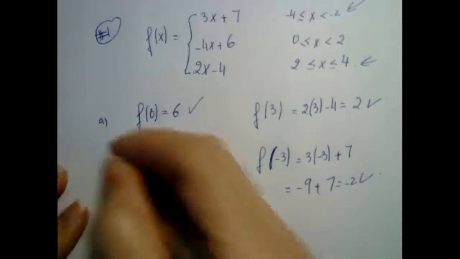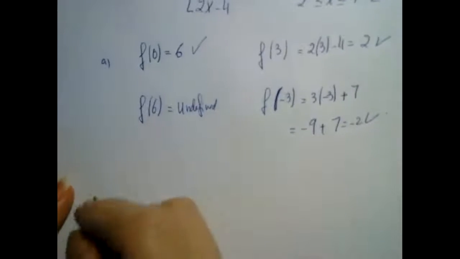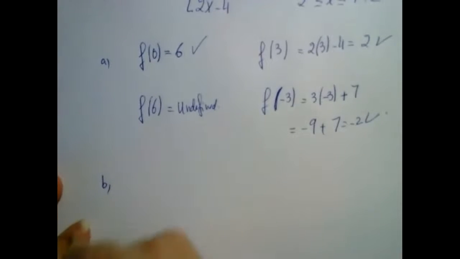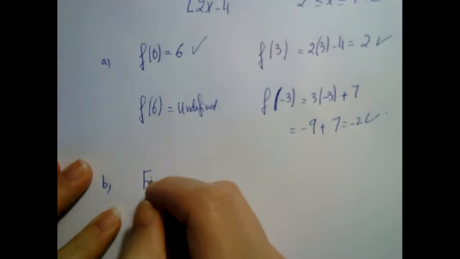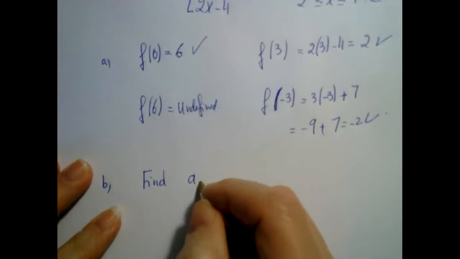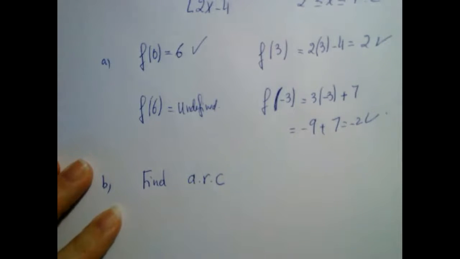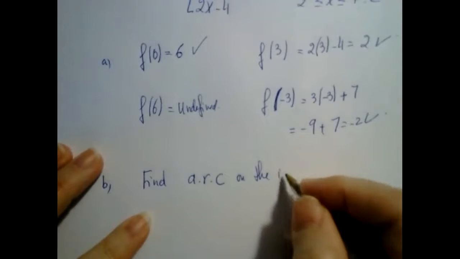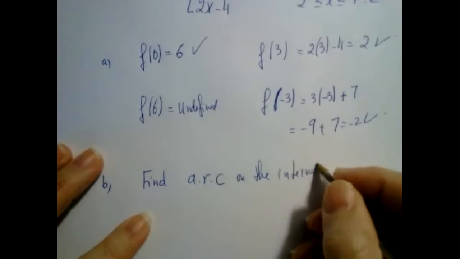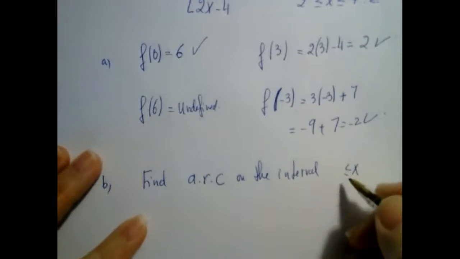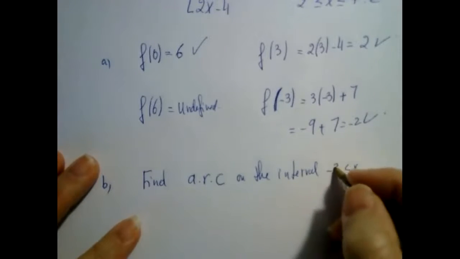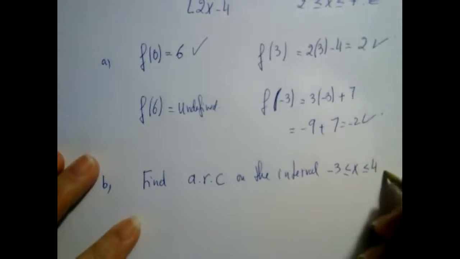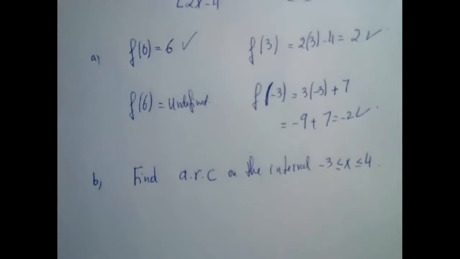Now, part B. Just a quick review: find the average rate of change on the interval x between -3 and 4. Okay, all right, I give you a minute and I want an answer.